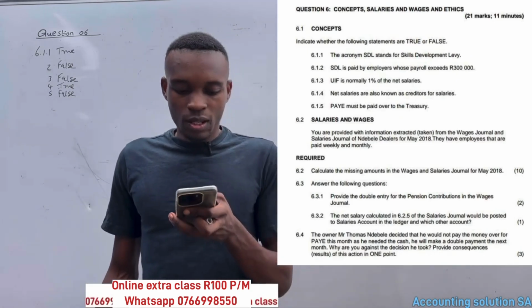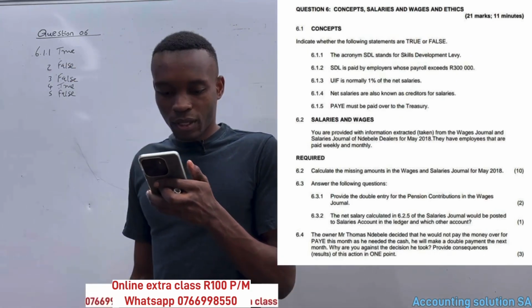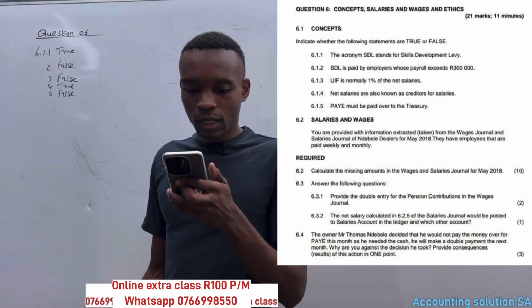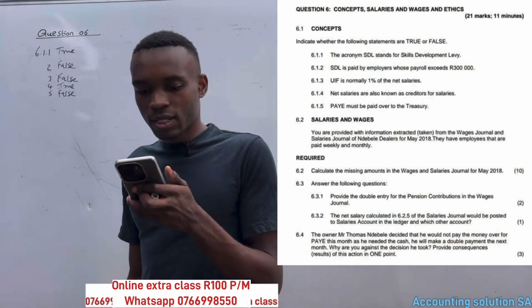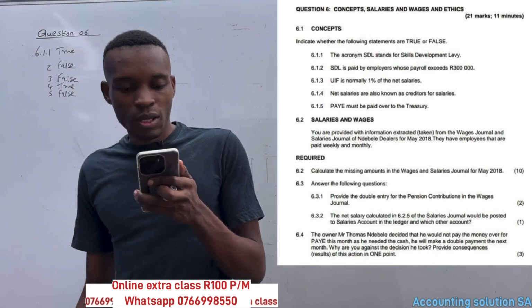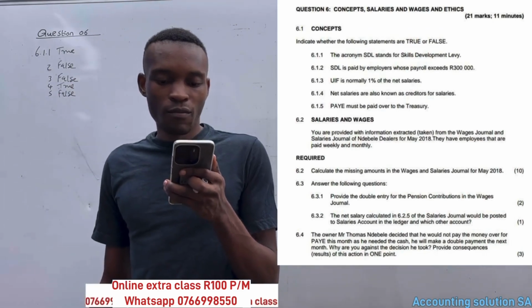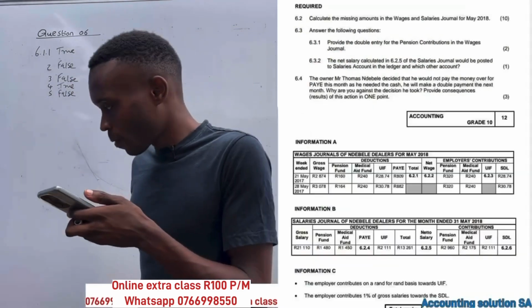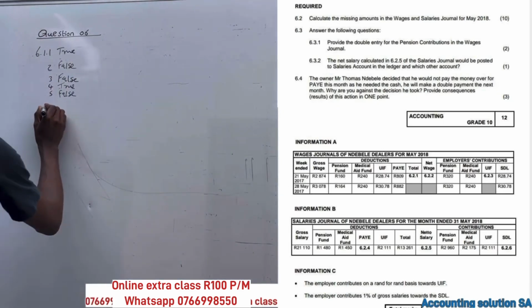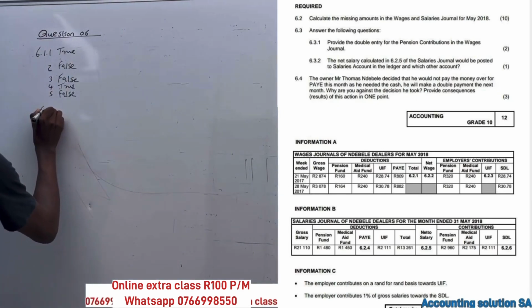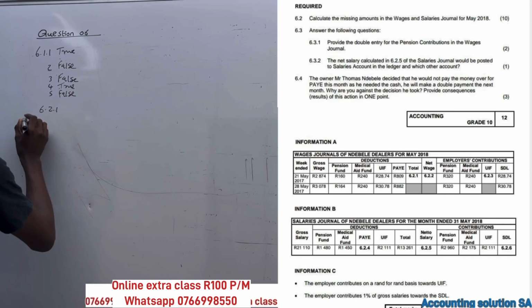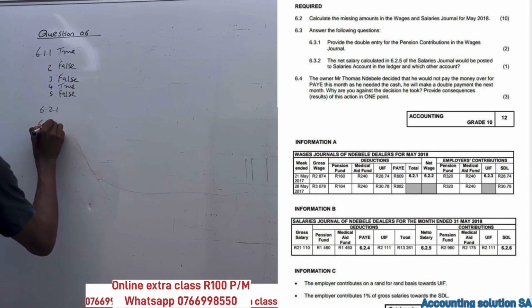Okay, now let's prepare our 6.2, which says calculate the missing amount in the wages and salaries journal for May 2018. Okay, it has been indicated by 6.2.1 and 6.2.2.